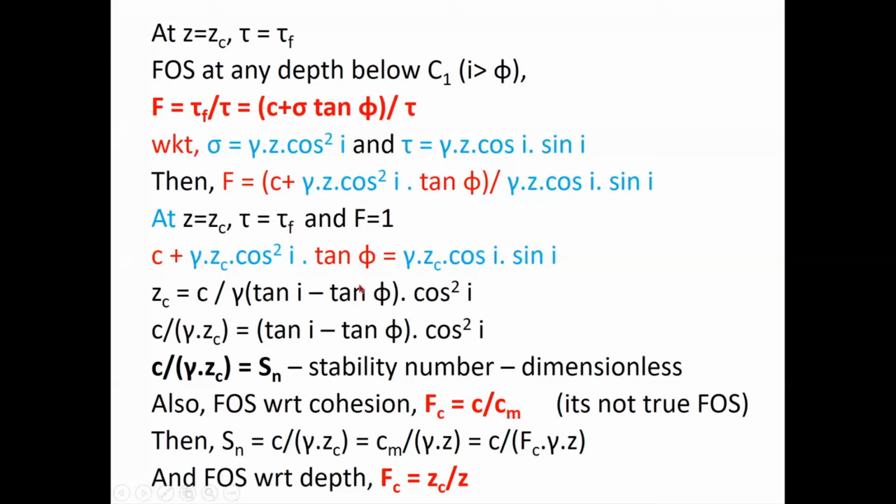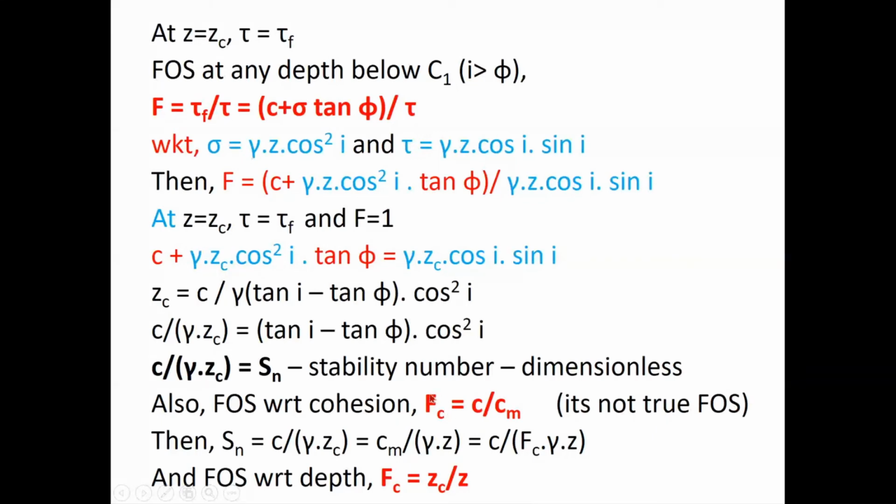Here you can see this relation is similar to this tau f by tau, where tau f represents the maximum shear strength of the soil. This c represents the maximum cohesion of the soil, and tau represents the shear stresses in the soil. Here cm represents the cohesion mobilized in the soil. So factor of safety with respect to cohesion also you can represent. So here it will be Fc is equal to c by cm, but it is not the true factor of safety. It is a factor of safety with respect to cohesion alone.